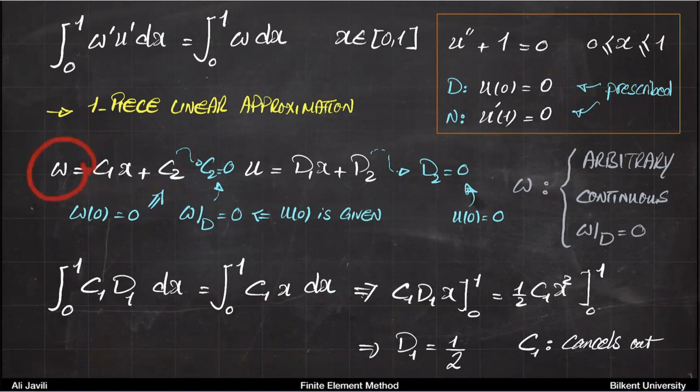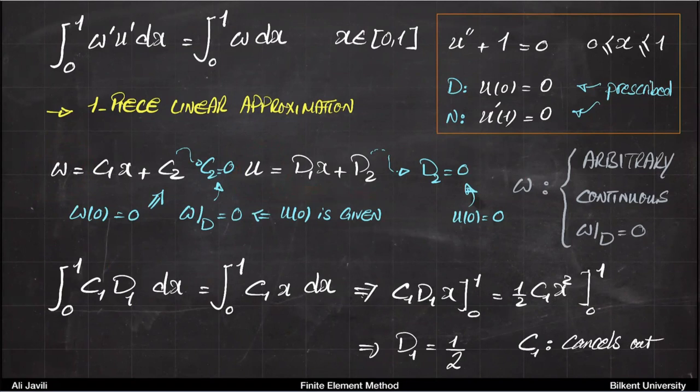This is your test function, and then you also use the same linear space. Because this is linear, we also use linear for u. So this would also have some parameters d1 and d2, which give you a linear approximation of u.